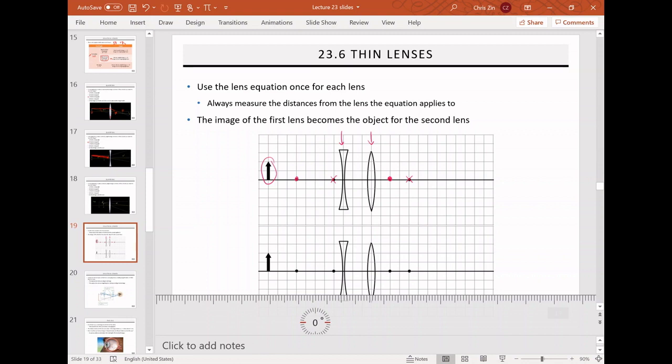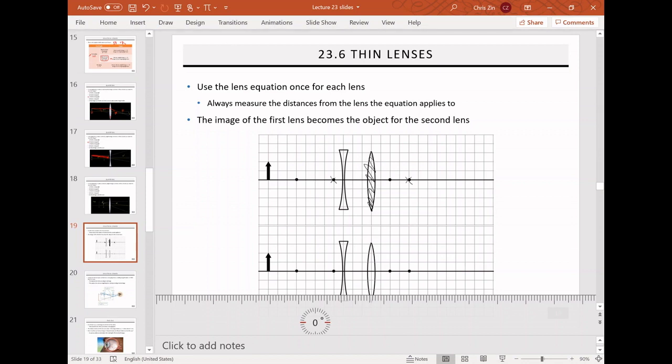To deal with this situation, the first thing I want to do is ignore the second lens completely. So that brings me back to a single lens case. To deal with the single lens case, I want to draw the ray diagram for a single lens. I'm just crossing out the things I don't need just to keep track of everything.